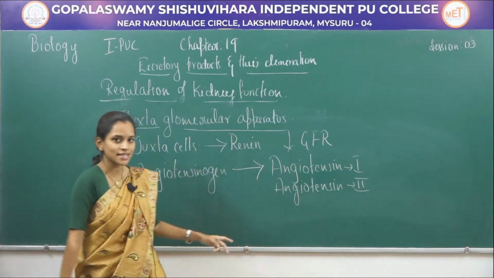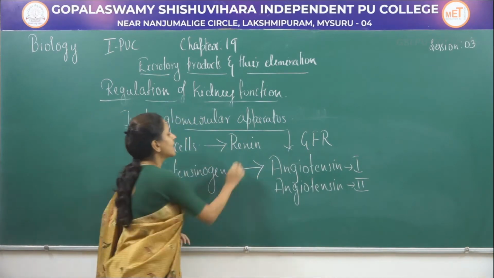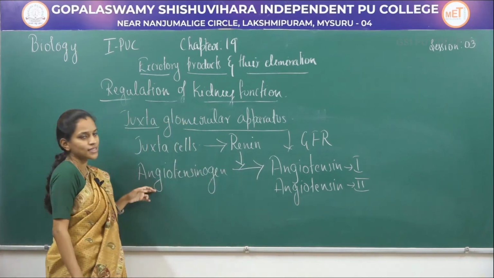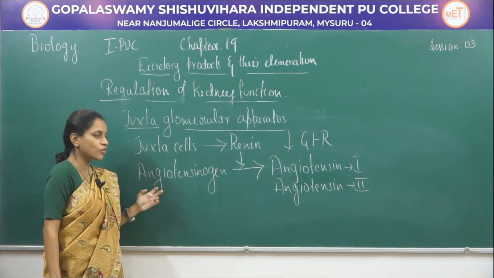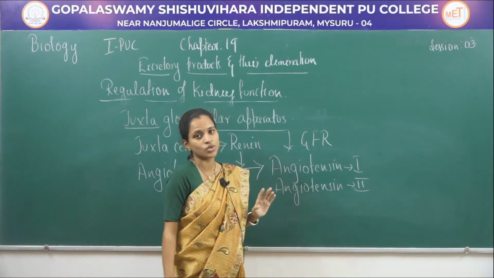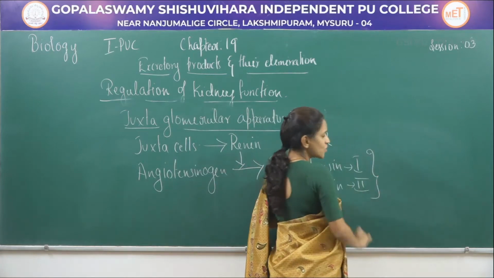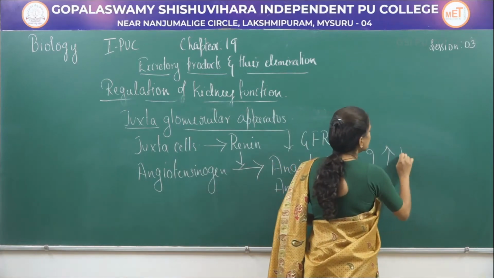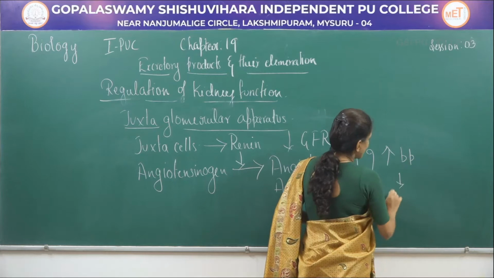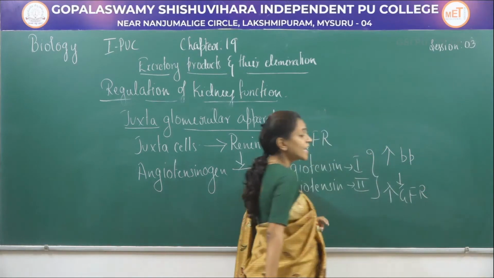So it releases these two components whenever renin acts on angiotensinogen, which is the inactive form, activating it into angiotensin 1 and then into angiotensin 2. Angiotensin 1 and 2 increase the blood pressure and in turn increase the glomerular filtrate rate.